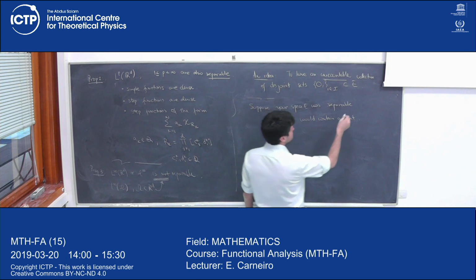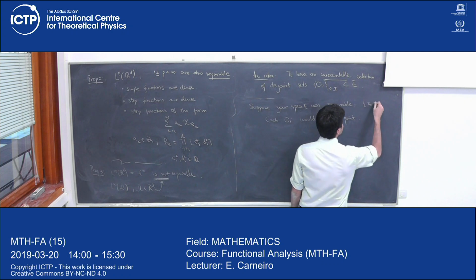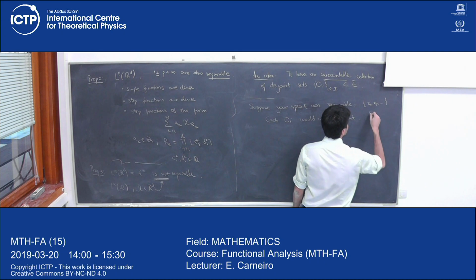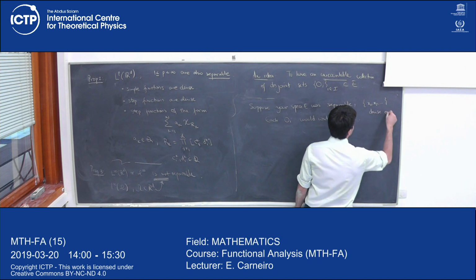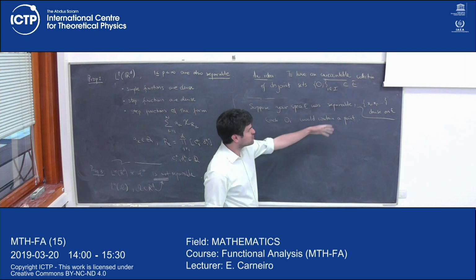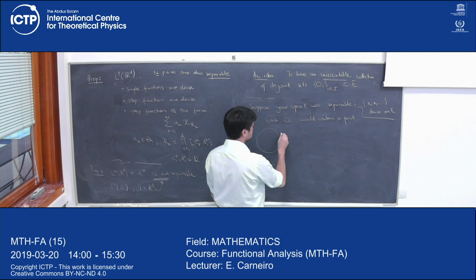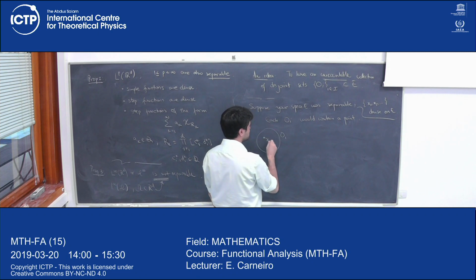So each O_i would contain a certain point, and you would just pick a point in the set O_i. So this is your O_i, there will be one point here, x_i, let's call it.